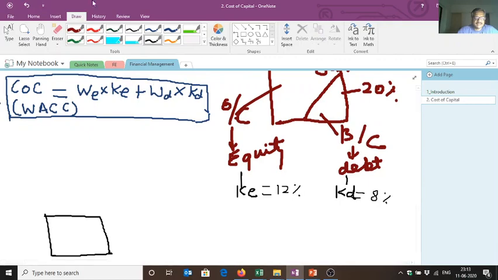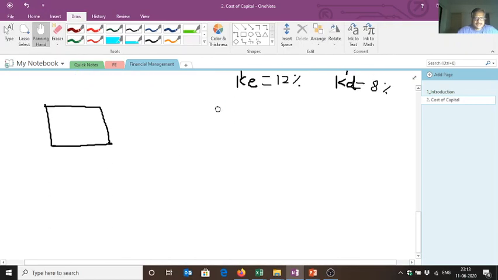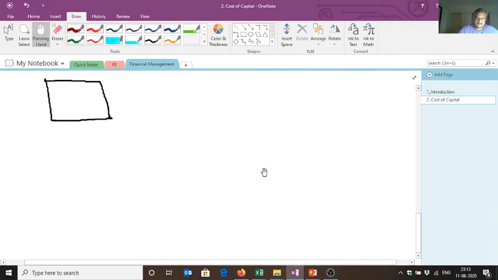But practically in the real world, you'll find that there is a third component also which is present. If I try to elaborate on that part, there are practically three components. One is obviously we have understood equity, other is debt, and third I call hybrid security.